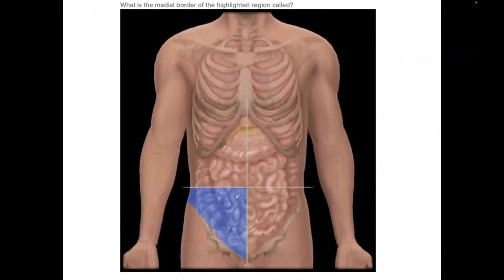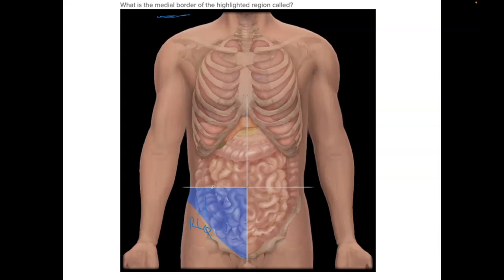Okay, now you're looking at this. If you jump to conclusions, you may say, oh, that is the right lower quadrant. I would agree if it's asking quadrants, but it says, what is the medial border of the highlighted region called? So now they're asking, you have to know a few things here.